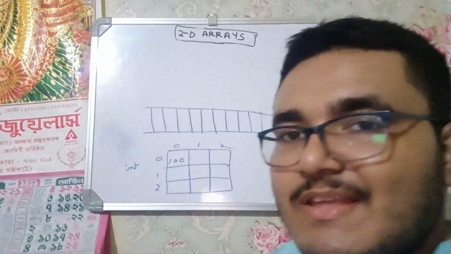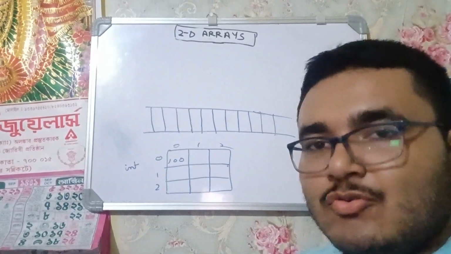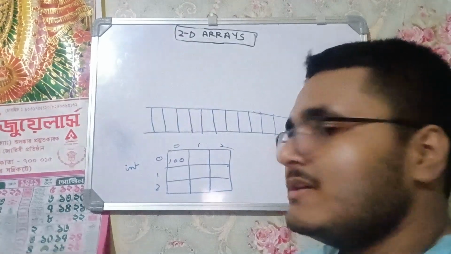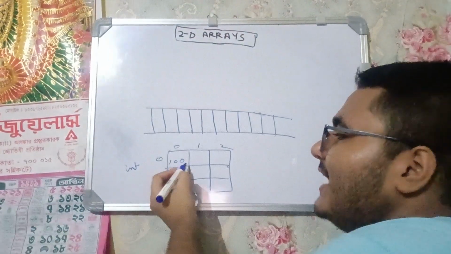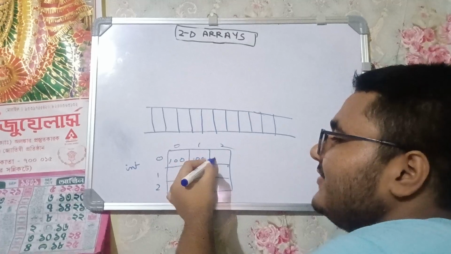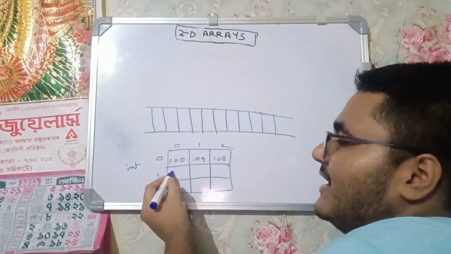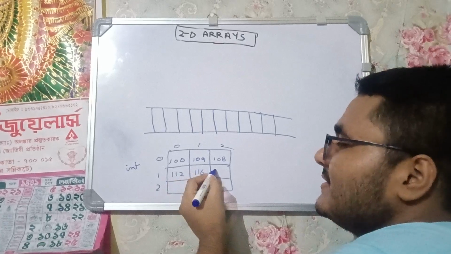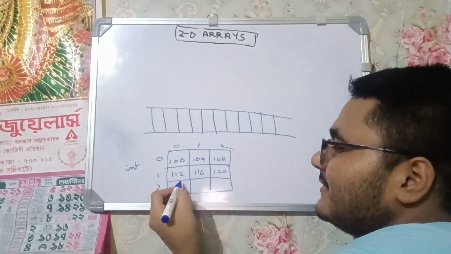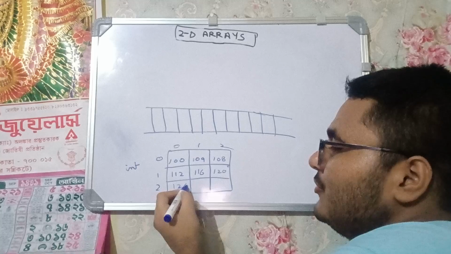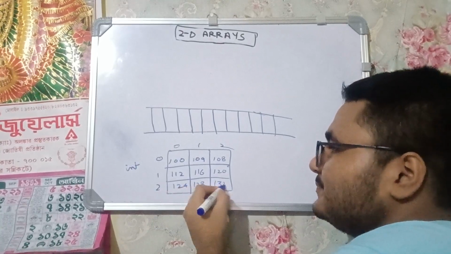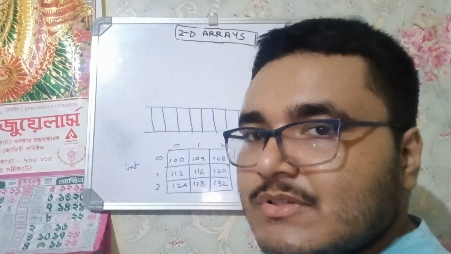There are two ways of representing 2D arrays in the memory. One is row major, second is column major. Okay, so this is 100, then 104, then 108, 112, right? 116, 120, 124, 128, 132, right?